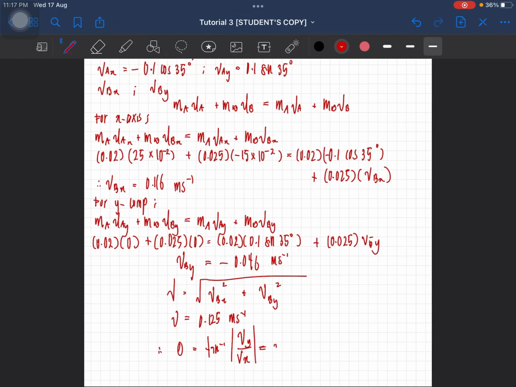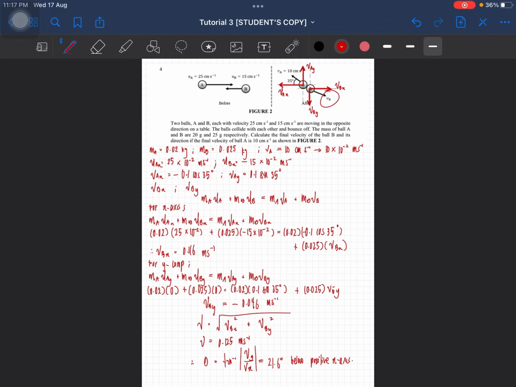So you will get 21.6 degree. Since VBY is negative and VBX is positive, this is below the positive x-axis. Okay, alright, so that is the solution for question number 4.